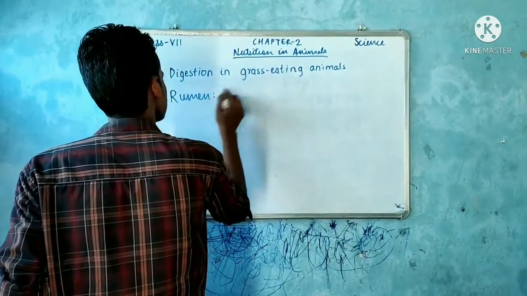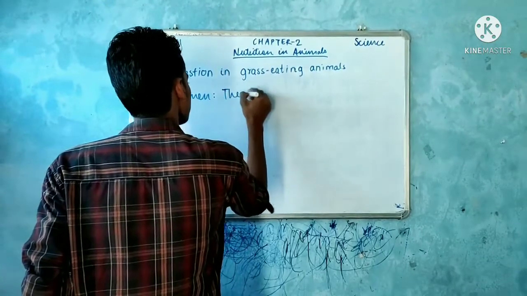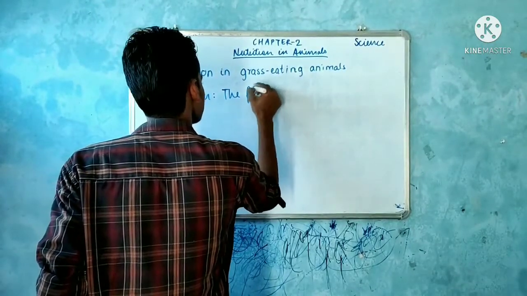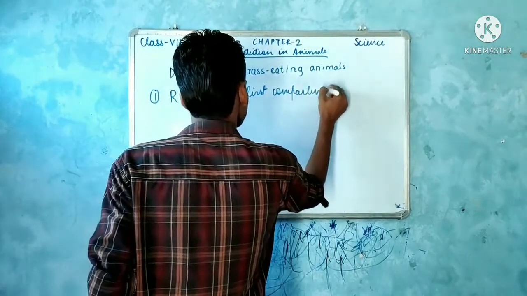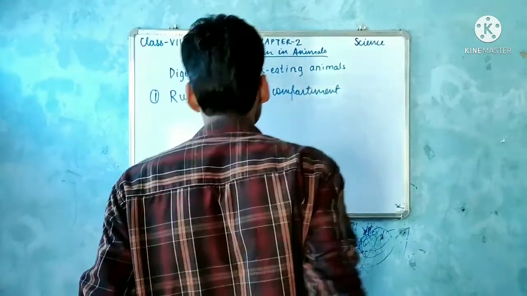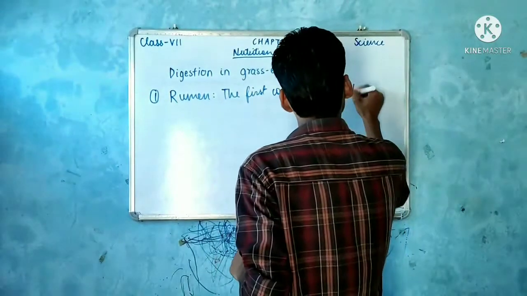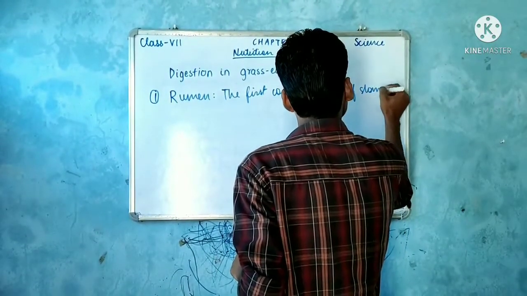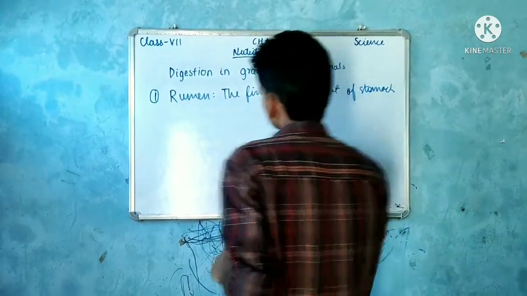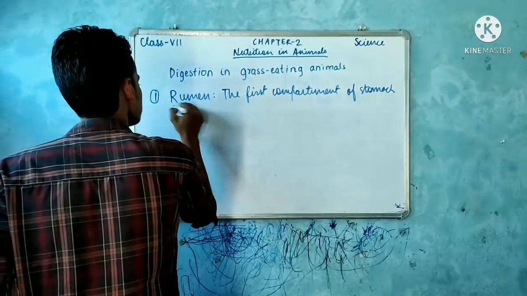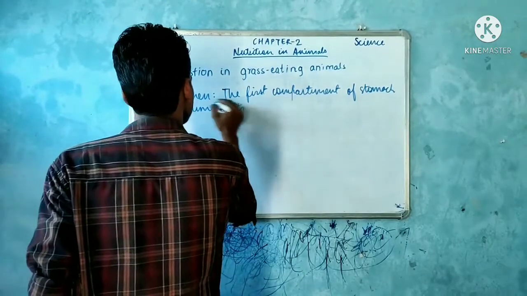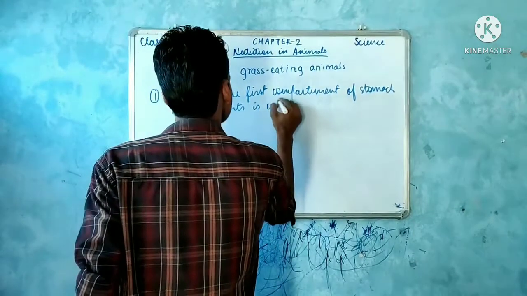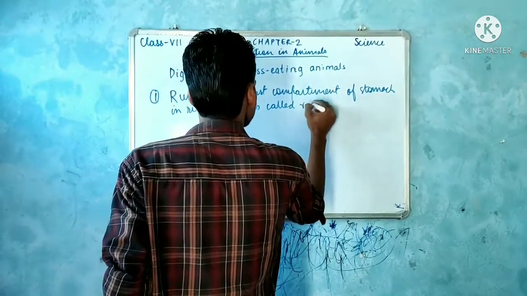The first compartment of the stomach in ruminants is called rumen.